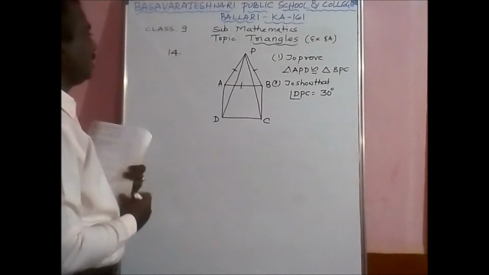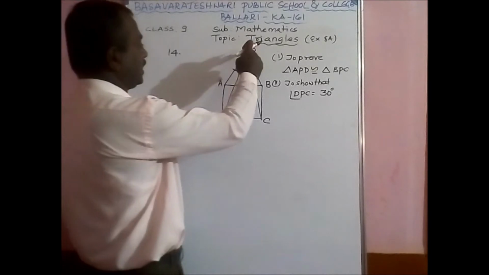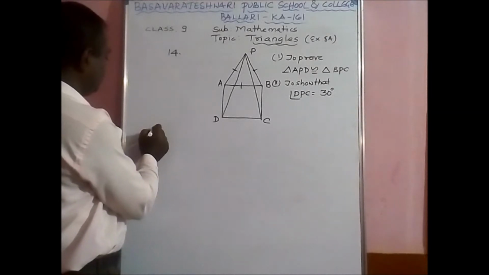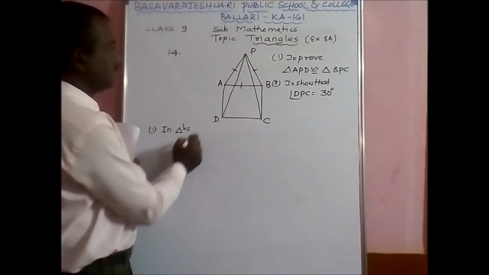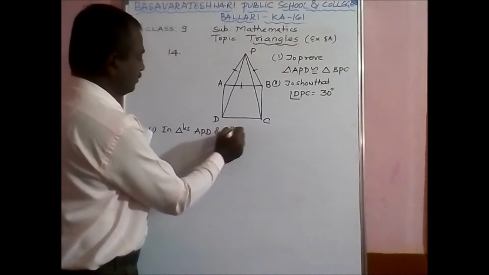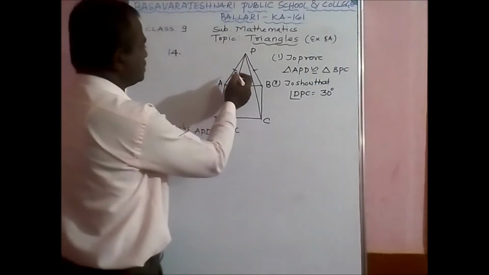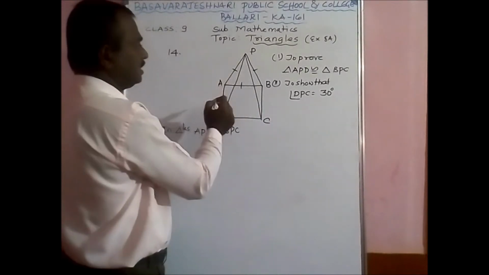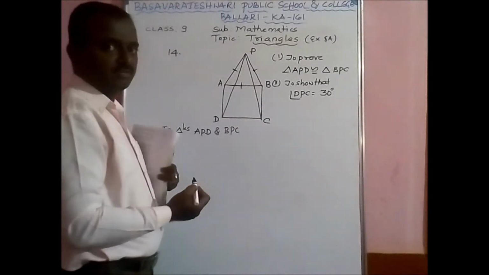Now, in the first part we have to prove triangle APD is congruent to triangle BPC. So in triangles APD and BPC, if you observe here, since the equilateral triangle is mounted on the square, one side of the equilateral triangle is nothing but a side of the square.